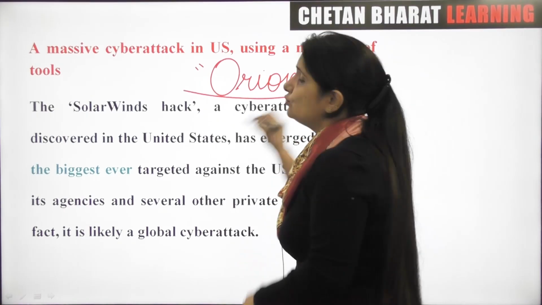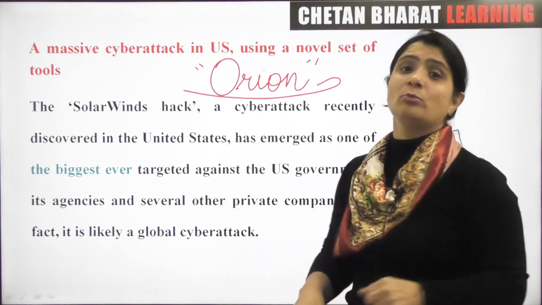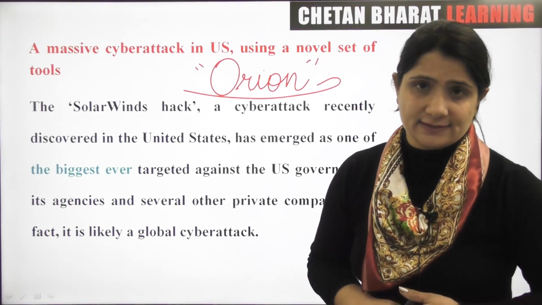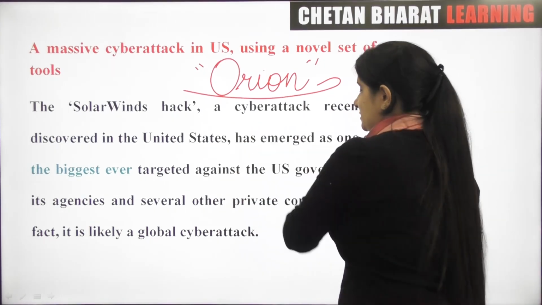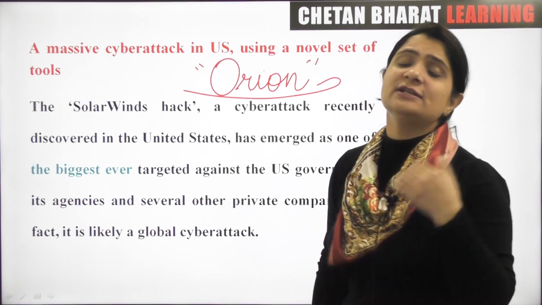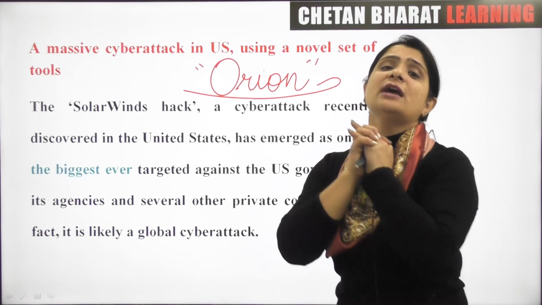So the hackers used this Orion as a window and tried to introduce malware in the form of an update, which was not detected by the antivirus. As soon as the update came, almost 17,000 subscribers, or the 17,000 clients of this very company SolarWinds, downloaded it.